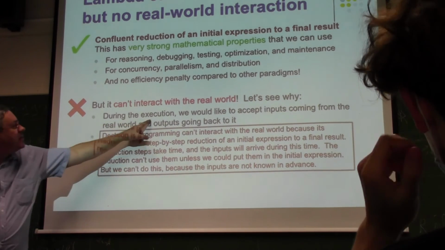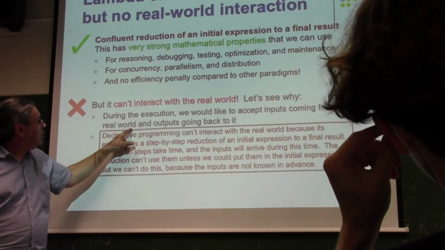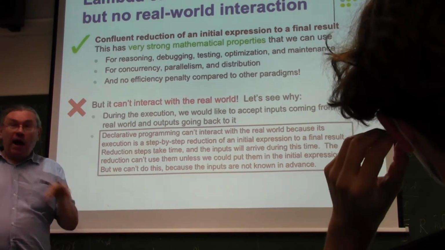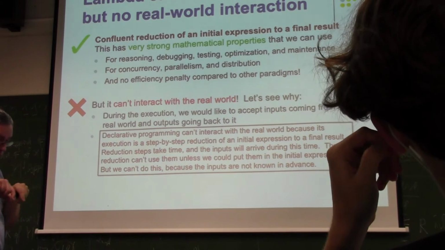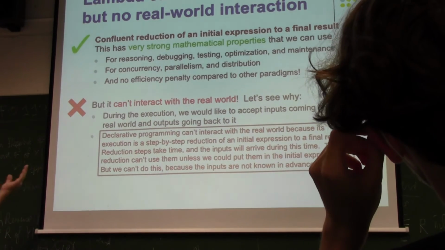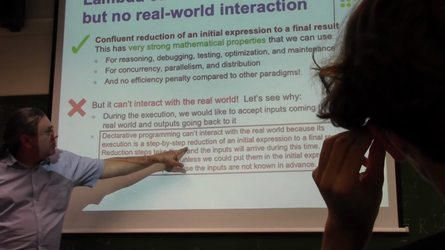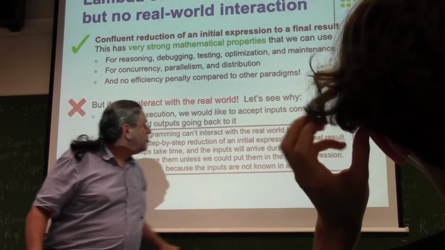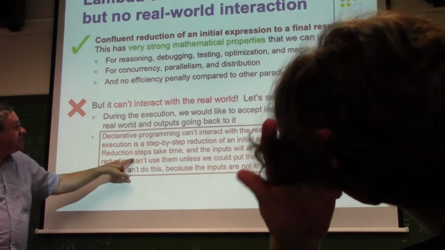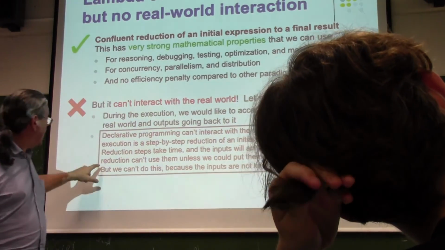So during execution, we would like to accept inputs coming from the real world and outputs going back. I'm typing text into my text editor, and I want to see the displayed text. That's not declarative, okay? The execution is a step-by-step reduction of an initial expression to a final result. Reduction steps take time, and inputs will arrive during this time.